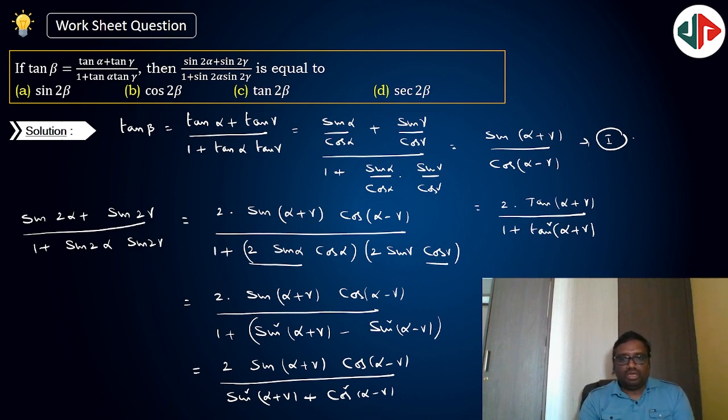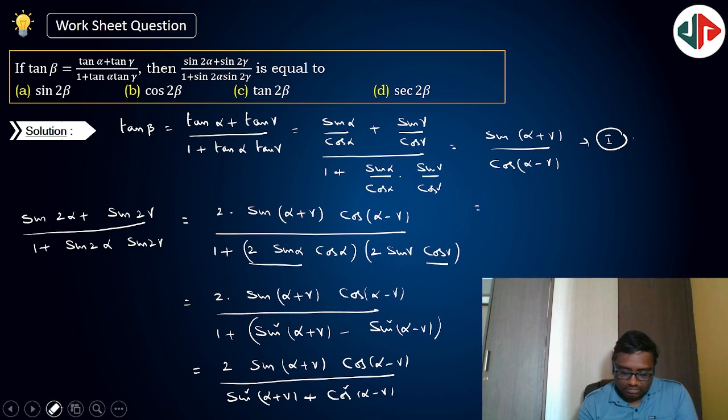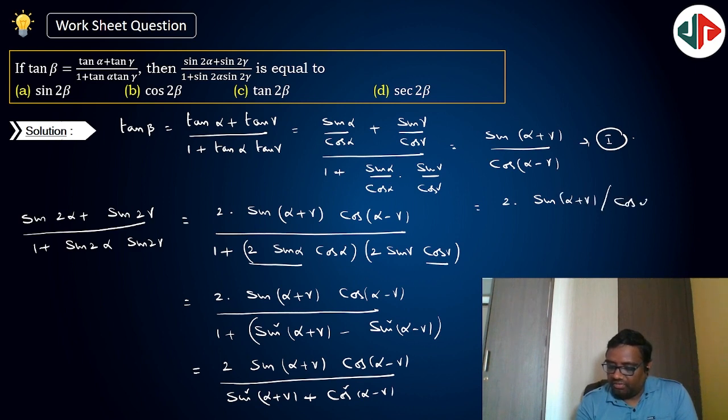The numerator becomes 2 into sine of alpha plus gamma by cos of alpha minus gamma. Similarly, the denominator is 1 plus sine square of alpha plus gamma by cos square of alpha minus gamma. So in place of this value I can write tan beta only. 2 tan beta by 1 plus tan square beta means tan 2 beta. That is the answer.